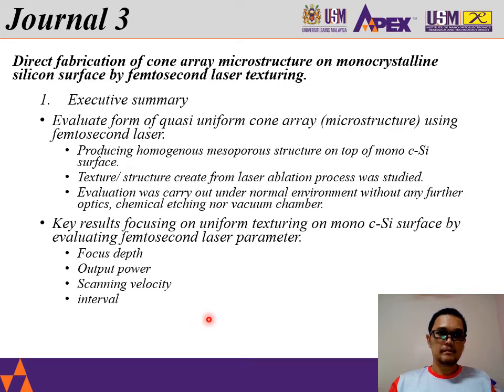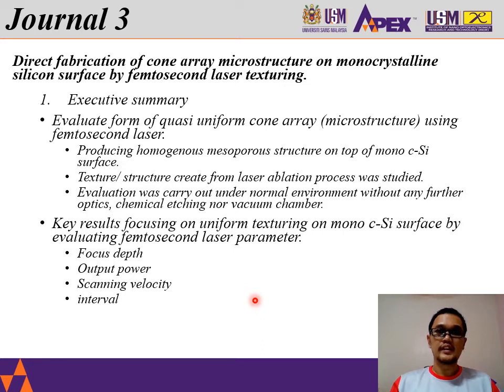This journal talks about forming a quasi-uniform cone array, known as a microstructure, by using a femtosecond laser. It targets producing a homogeneous mesoporous structure on top of the monocrystalline silicon surface.